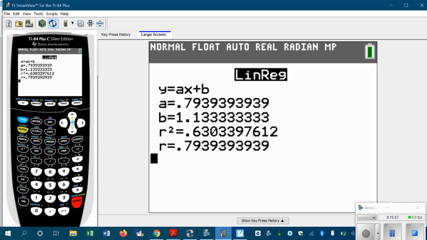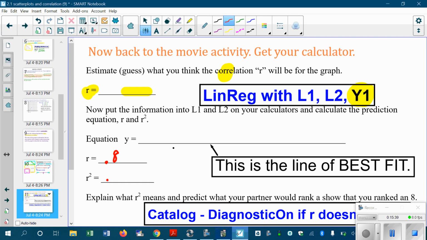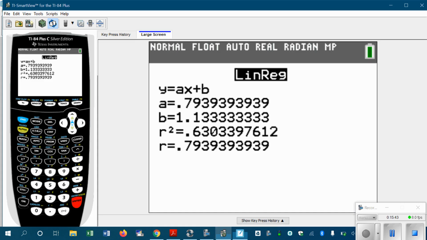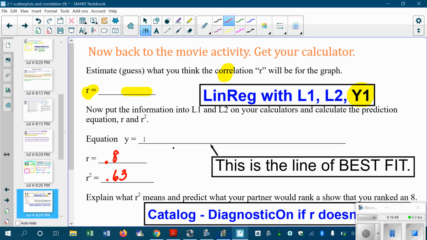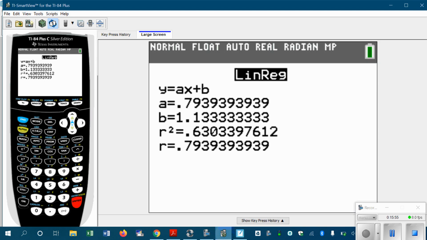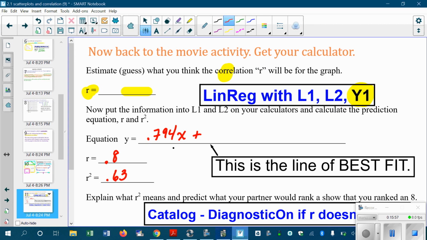So you can go back here. 0.63-ish was about what I got for R squared. And my line of best fit, this is the slope. So 0.794, I'm going to say, rounded, times x plus 1.13.